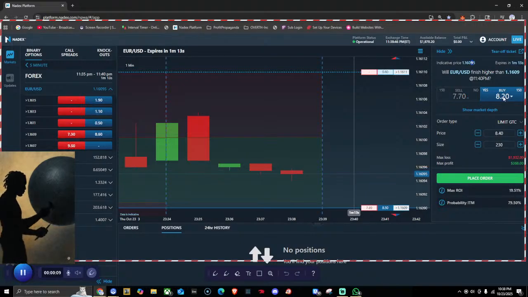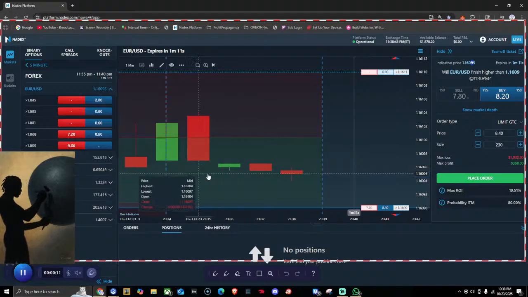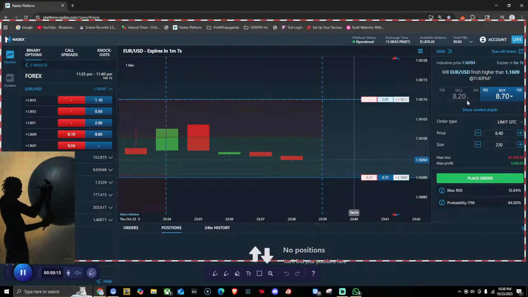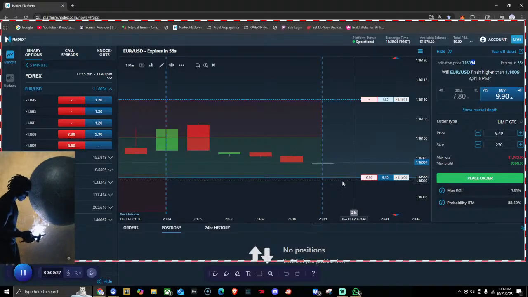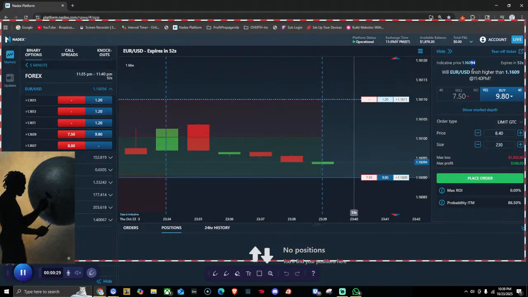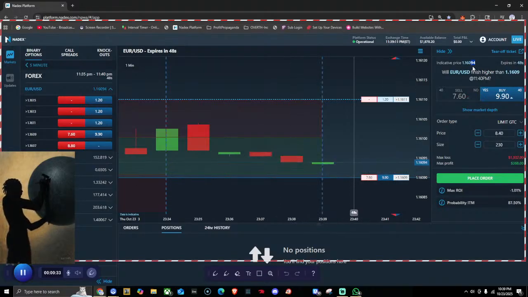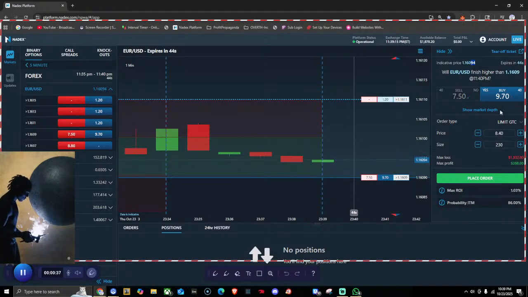So I see the market's dropping. The market has not dropped below that buying position, but I do like how this price is moving. Oh, it's suddenly jumping back up, so that makes me a little hesitant. What I'm interested in is seeing if this position locks back into the buy or goes toward the sell. Locked back into the buy is 95, goes back towards the sell is 93.